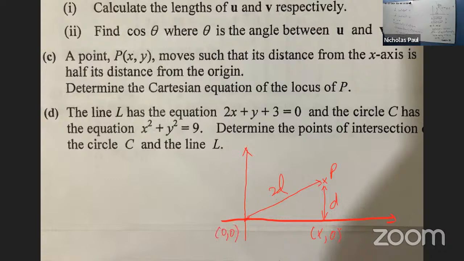All right, so the point P moves such that its distance from the x-axis is half the distance from the origin.